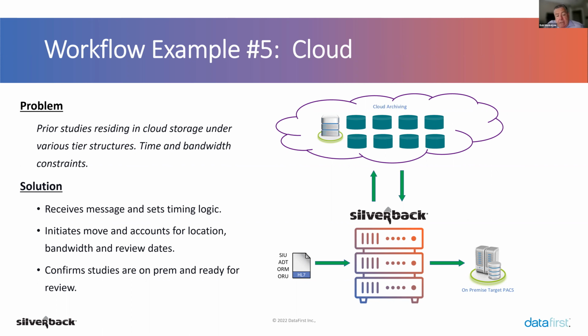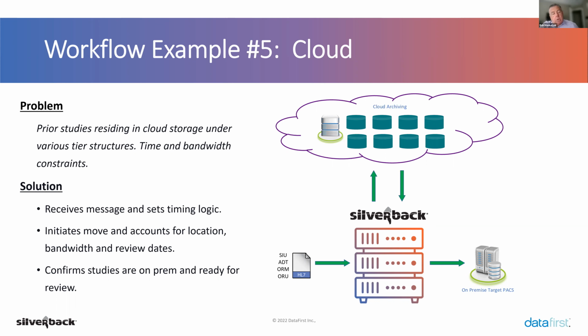So again, using any of the available triggers that we talked about, be it MWL or HL7, the sooner we know, we can go ahead and query whatever the front end of that cloud-based archive is. If it's DICOM or if it's AWS, as long as we know about it, we can go and pull the AWS files directly into our Silverback engine.